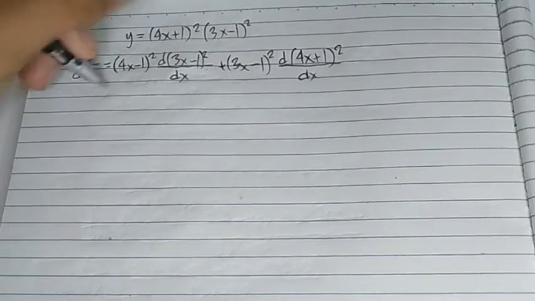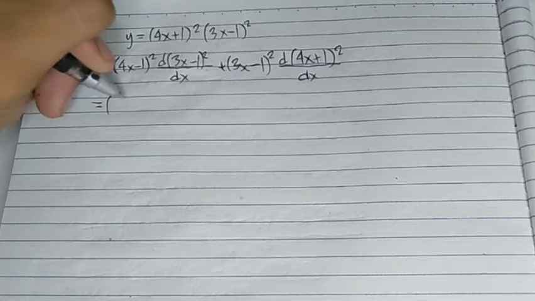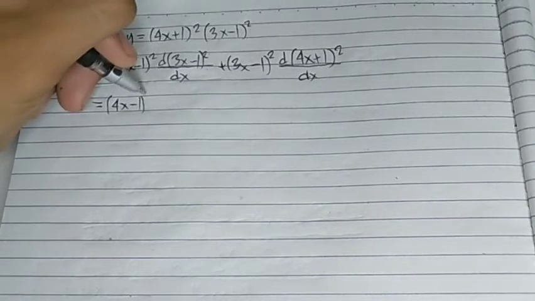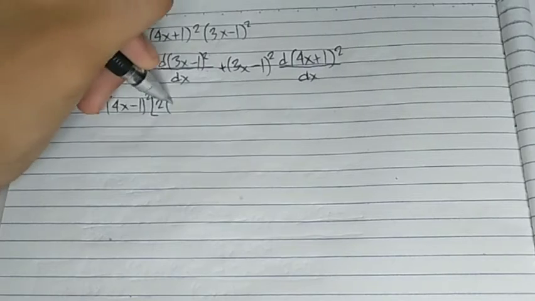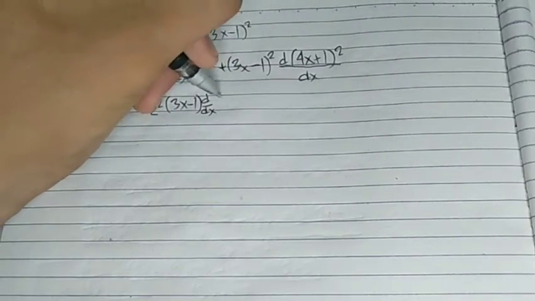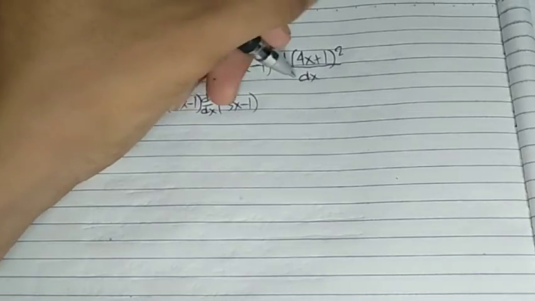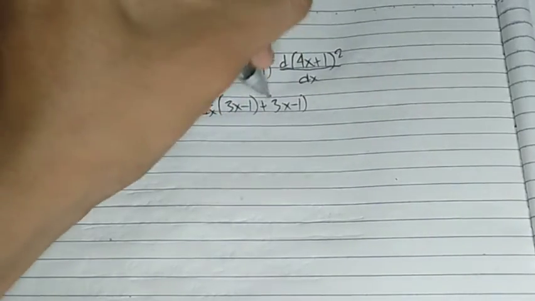So dy over dx is now 4x plus 1 squared times 2 times the quantity of 3x minus 1 times d over dx of 3x minus 1. So basically, we used the chain rule here.